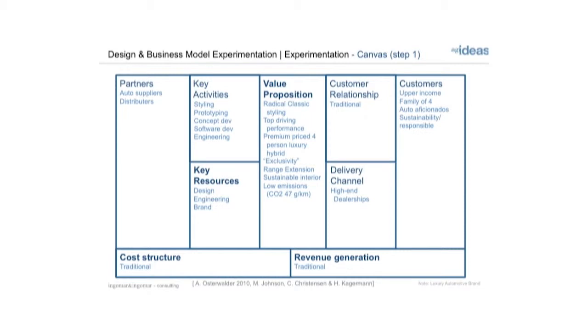So here you can see, partners were traditional automotive partners. Cost structure and revenue was also traditional. But where they created their innovation was in the value proposition. They're talking about radical, classical styling, something that doesn't have to be changed every 4 or 6 years, but would be able to last a longer time.